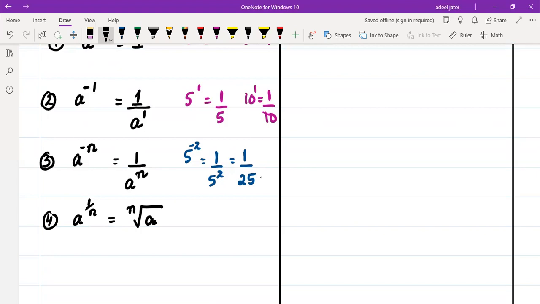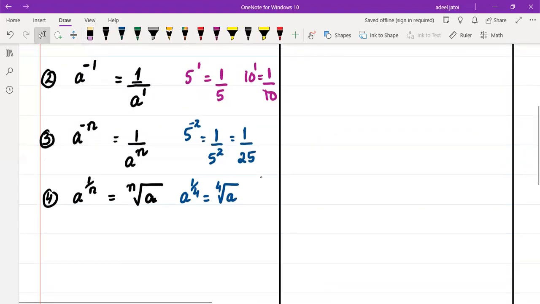So there are square roots, cube roots, 4th roots, any number, and we write it that way. For example, a to the power 1 upon 4 should be written as the 4th root of a. Similarly, if we have a to the power 1 upon 6, this would be the 6th root of a.